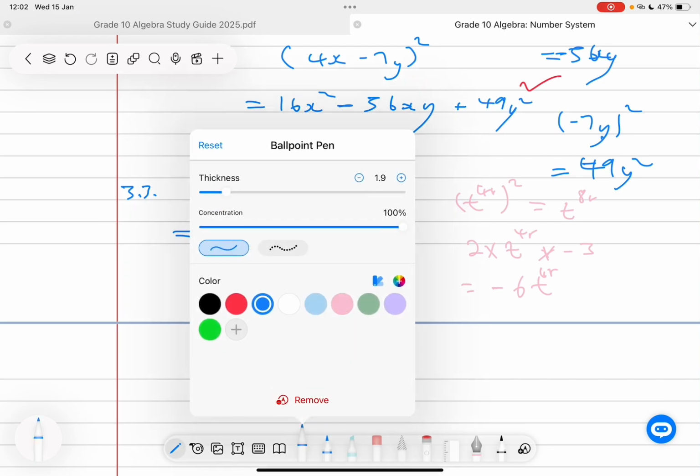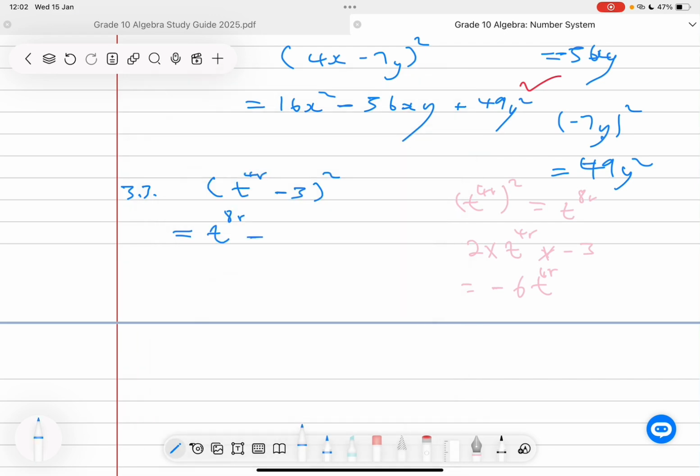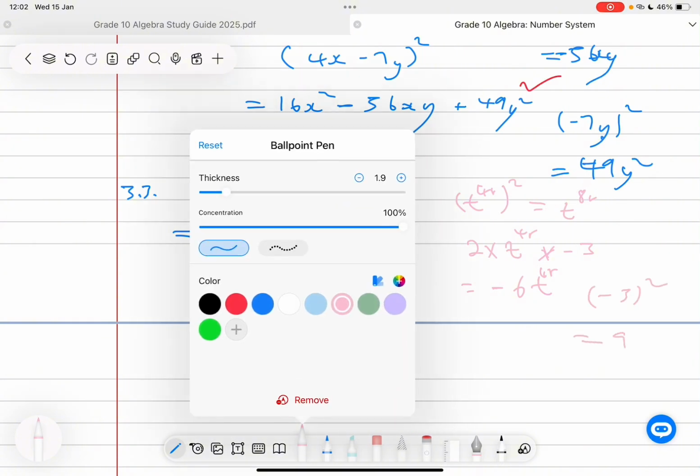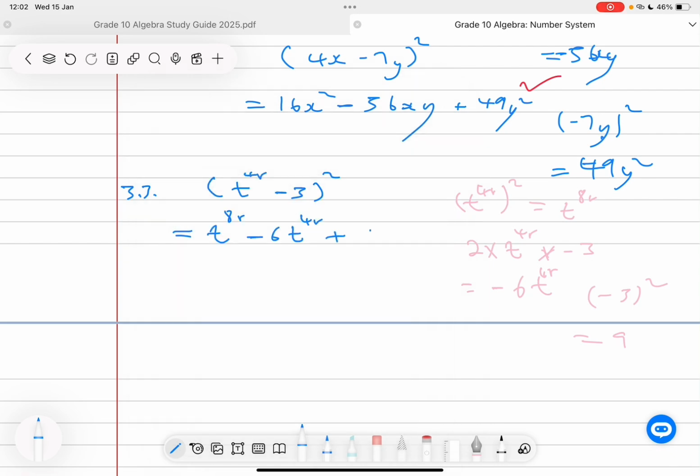So this means here we are going to have a negative 6t to the power 4r. Then the last one, we're just taking the negative 3 and squaring it. So this is to say here we have a negative 3 squared, and this is going to be a 9. That means we're going to add here the 9.